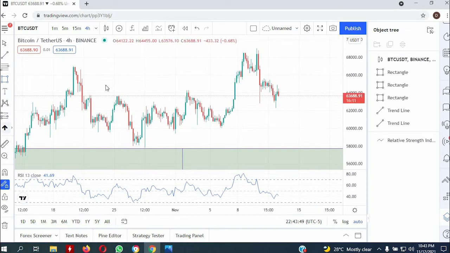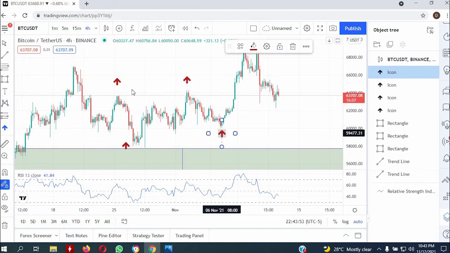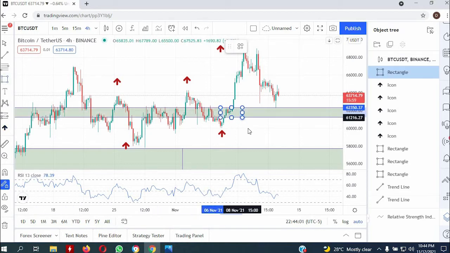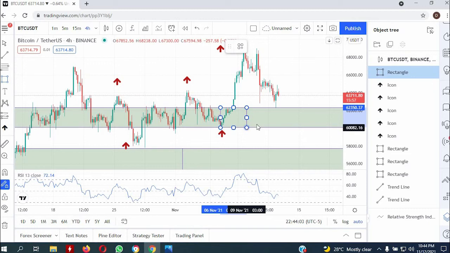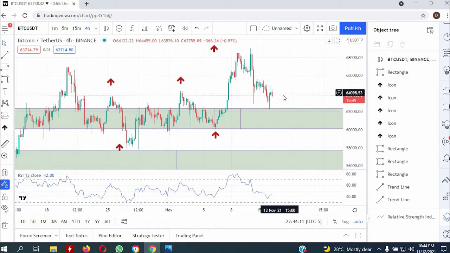So the Bitcoin is creating higher highs and higher lows. Clear higher highs and higher lows. So Bitcoin is expected on the 4-hour to support itself in this area and continue the trend.